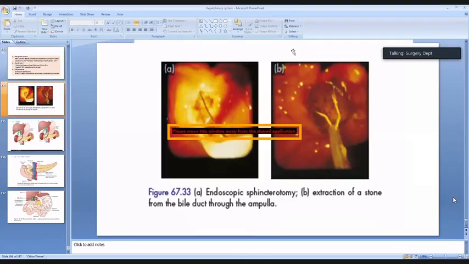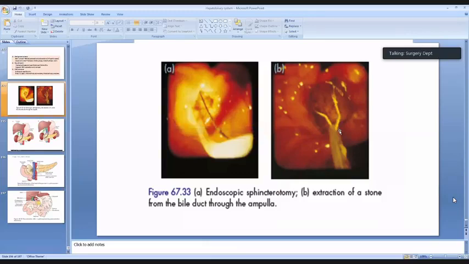That is an example of endoscopic sphincterotomy and extraction of the stone. This is endoscopic instrument, and the sphincter is cutting and the stone is holding and extracting.